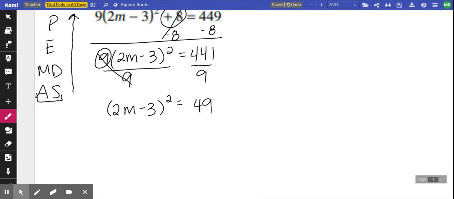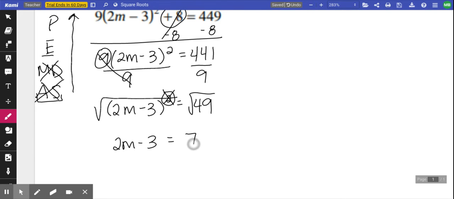Next, I want to get rid of this exponent. You see, we've gotten rid of the addition or subtraction, we've gotten rid of multiplication or division, next is the exponent. So to get rid of an exponent of 2, we're going to take the square root. So now I have 2m minus 3 is equal to, the square root of 49 is 7, but that could be positive or negative. You'll notice that we are now going back down to the bottom of this PEMDAS.